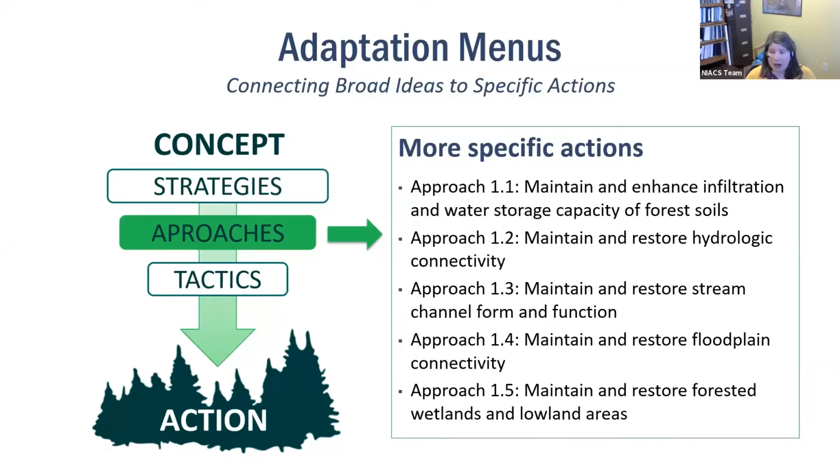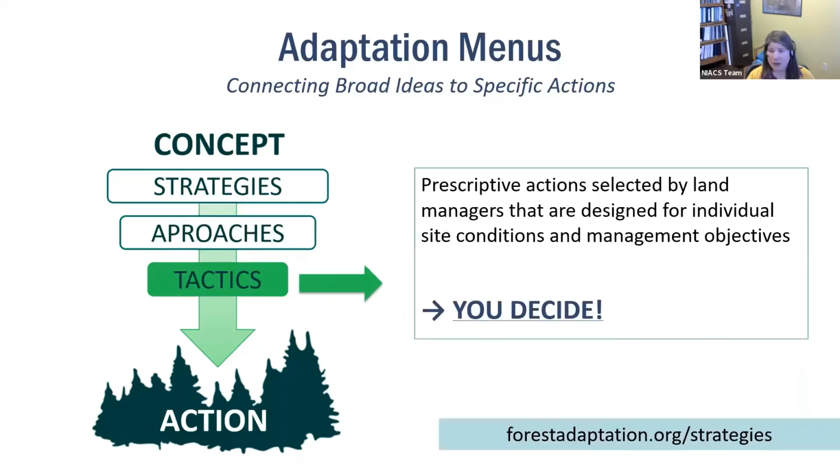And from that strategy, we can then choose one of the approaches that best fit our projects, such as approach 1.1, maintain and enhance infiltration and water storage capacity of forest soils. And then we develop a much more specific way to implement that approach, such as to harvest and retain down wood to improve soil conditions.